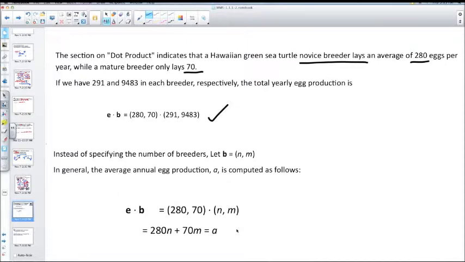But if I'm the scientist, all I found is the number of eggs. I really don't know the number of breeders. How many are laid by the novice breeders? How many are laid by the mature breeders? All I see is the eggs.